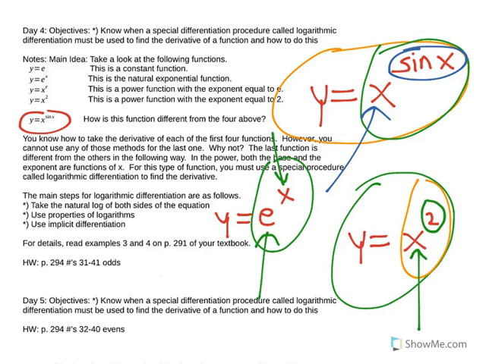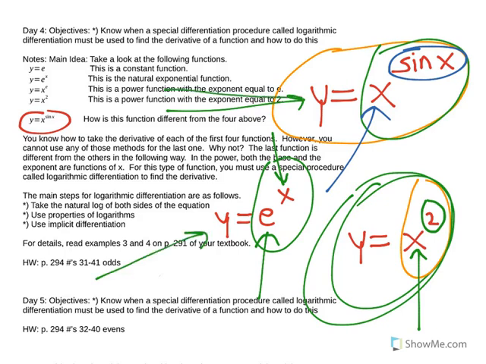So you cannot use the power rule to find the derivative of this function like we did for the power function y is equal to x squared. You cannot use an exponential differentiation rule like we did for the second function because this is not an exponential function. So how do we find the derivative of such a function as y is equal to x raised to the sine x? We have to use a special differentiation procedure called logarithmic differentiation.